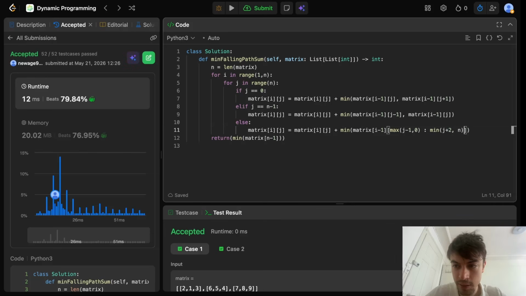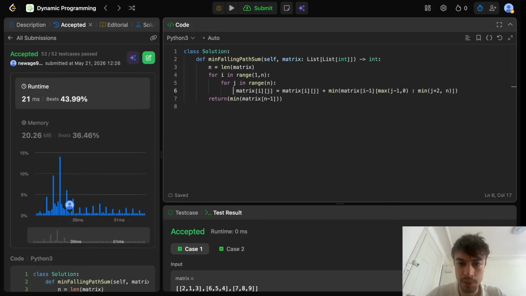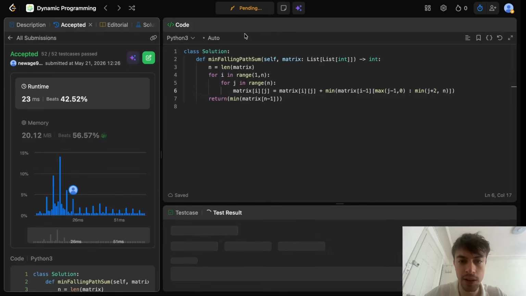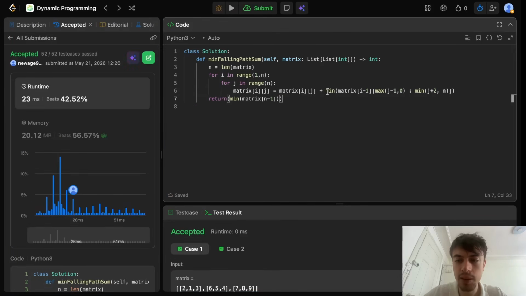Then I'm done, I can completely avoid the if statements, because I am already taking everything into consideration at the same time, and it's very elegant now. Did we improve anything, or did we just make the code shorter and less interpretable? I think we improved something, even though the complexity is the same, because we're avoiding a lot of if statements. So I think this is actually the super optimized, elegant solution.